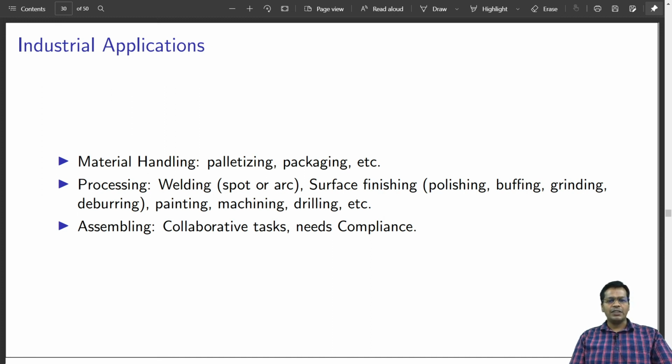You see, all these tasks are either monotonous, dirty, or dangerous, right? So that 4D formula fits in here. Assembly robots, although they are very uncommon in the industry, are used for collaborative tasks when they need a special property of the robot known as compliance. We'll talk about it later in force control of industrial robots in one of the later modules.